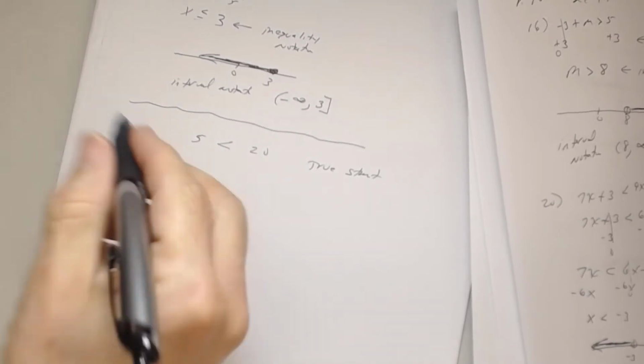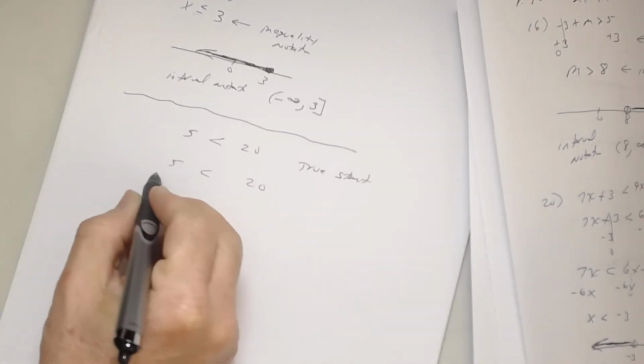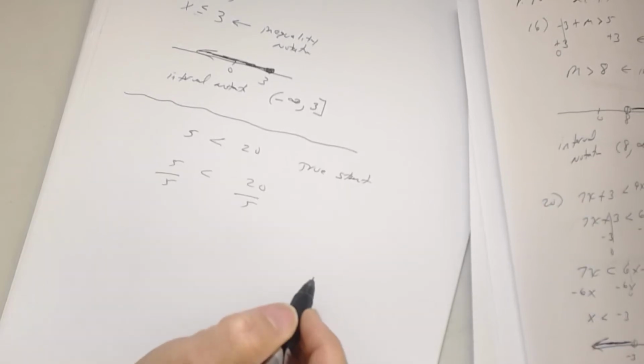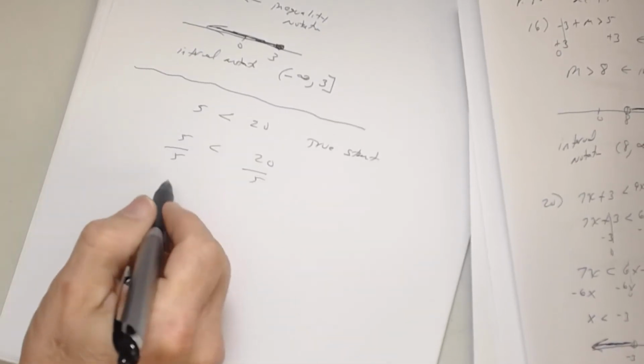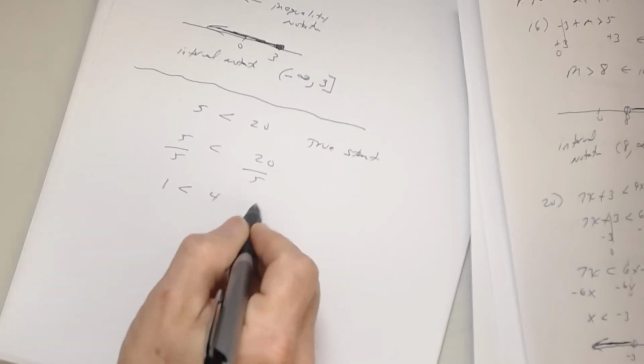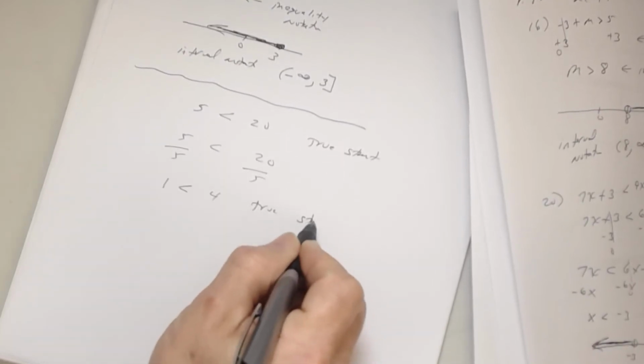So if I divide or multiply one side by a number, I've got to do the same thing with the other side, right? Same thing here. So if I divide this by 5, I've got to do what? Divide that by 5. And I will end up with 1 is less than what? 4. Is that still a true statement? That's still a true statement.